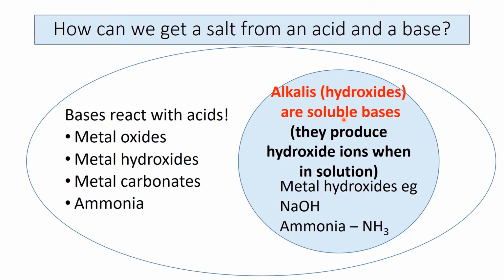They're soluble bases. They dissolve in water. Bases such as metal oxides and metal carbonates tend to be insoluble. They don't dissolve in water. Alkalis produce hydroxide ions in solution, and these are examples of the metal hydroxides such as sodium hydroxide or potassium hydroxide, and also ammonia.